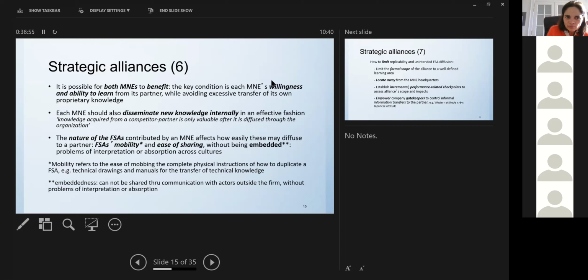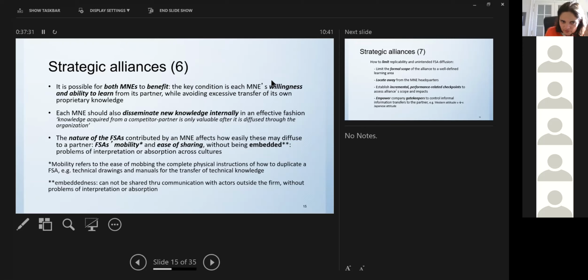The multinationals should disseminate their new knowledge also within the company, because in some cases you see that some departments learn from the alliance and others don't know. It should also be a benefit for other departments in your company, which are maybe not the first to be involved in the alliance. If you learn, you should also be able to diffuse it within your company. That is also one of the reasons why alliances are perceived to be good and well-functioning.